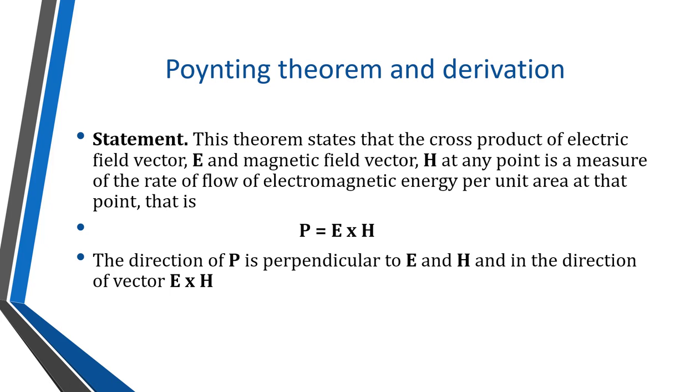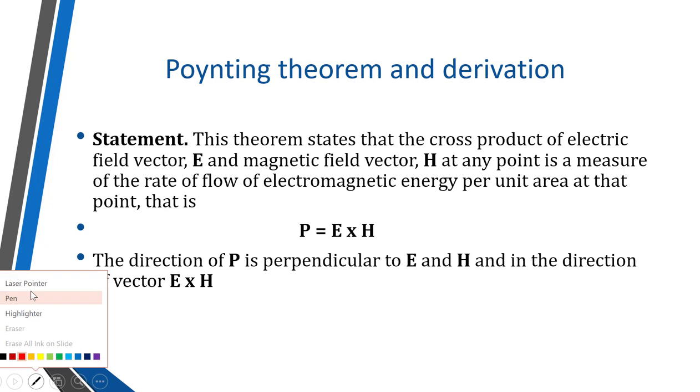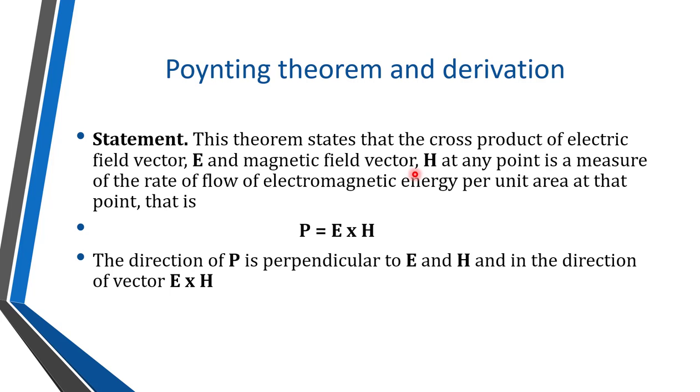The theorem states that the cross product of the electric field vector E bar and the magnetic field vector, that is H bar, the magnetic field intensity, at any point is a measure of the rate of flow of electromagnetic energy per unit area.